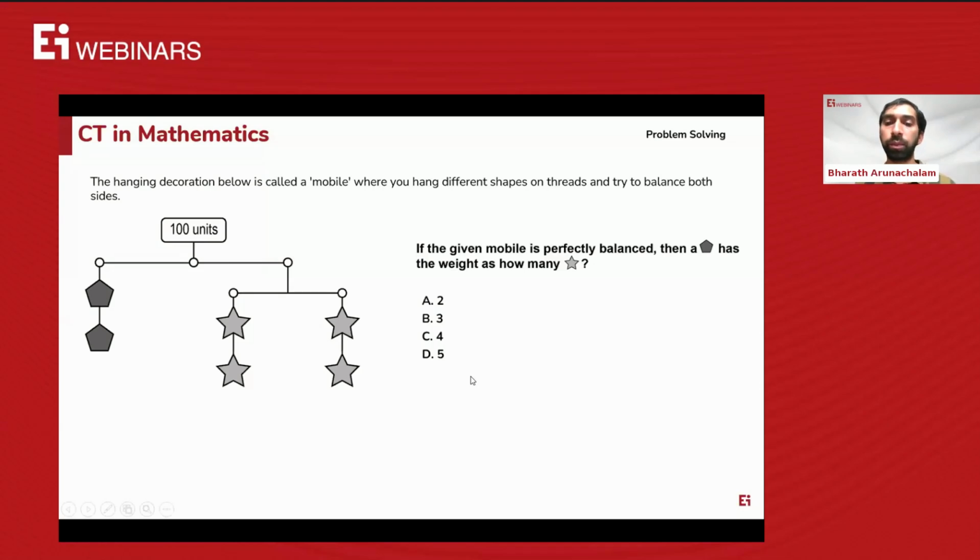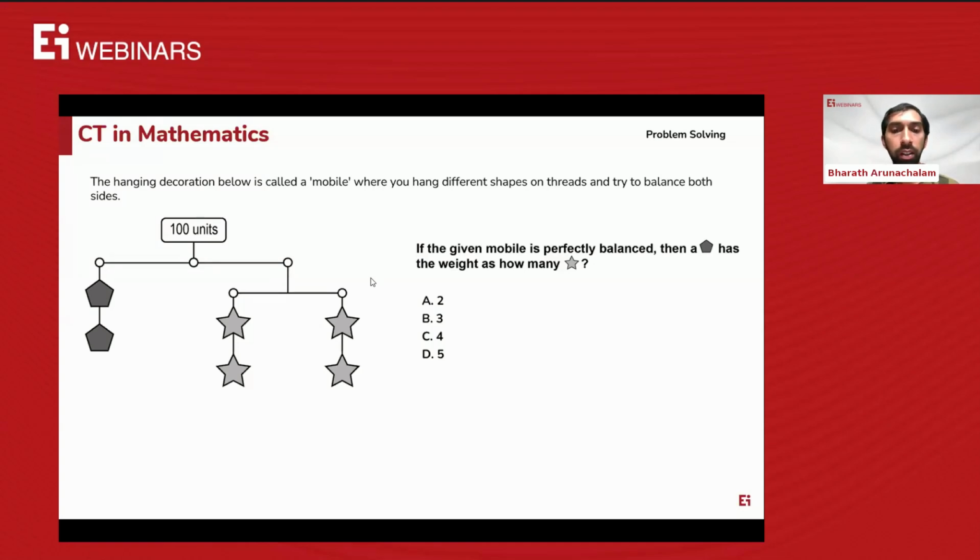Can we have the poll? I think you can publish the results.